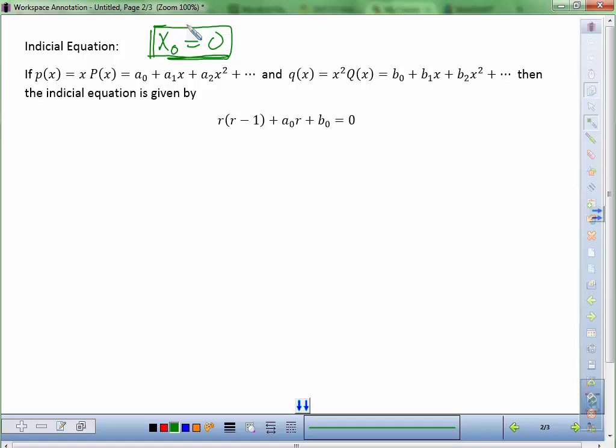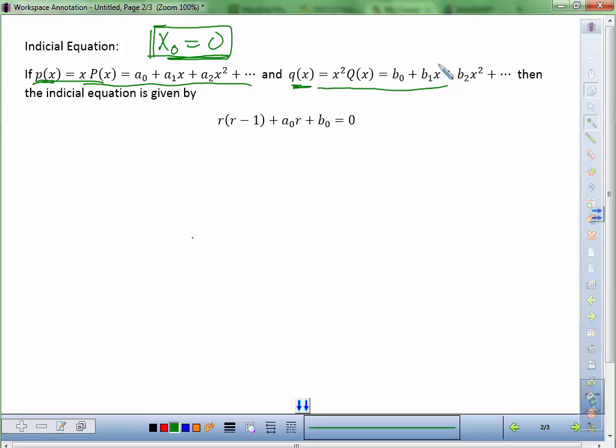So the indicial equation depends on having us come up with a power series of little p of x and little q of x. Okay? Now, you think, wow, we're already trying to find power series solutions.